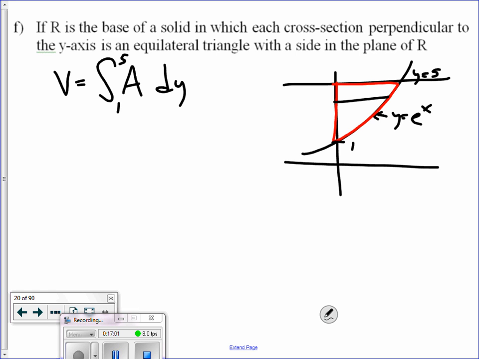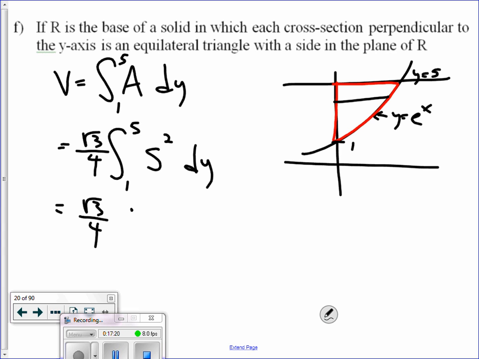Do you remember the area of an equilateral triangle? Radical 3 over 4, which we can pull out front, and then it's side squared. So I have this radical 3 over 4. I just have to fill in what that side is, and I'll be done.